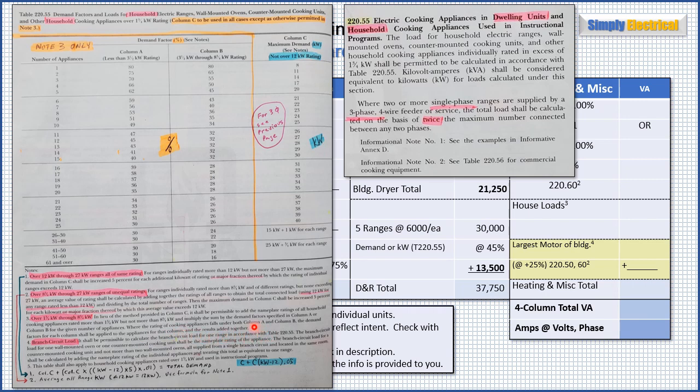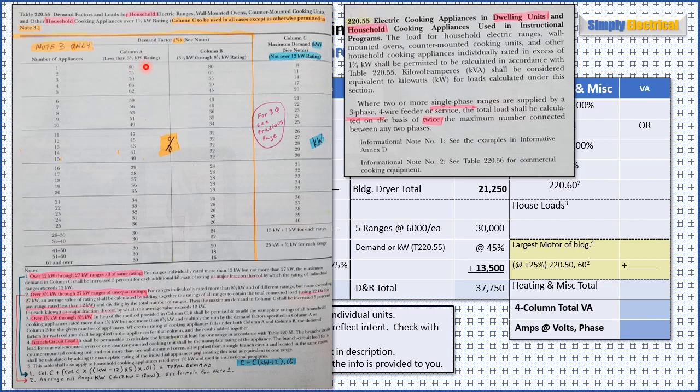Okay, that's pretty wordy, but all it really is saying is if you have a cooking appliance that falls into this category, say column A, it's less than 3.5 kW rating. Well, hold on. Before I go further, I've got to make a note here. This says less than 3.5 kW, but what it really should say is between 1 3/4 kW rating and 3.5 kW rating.